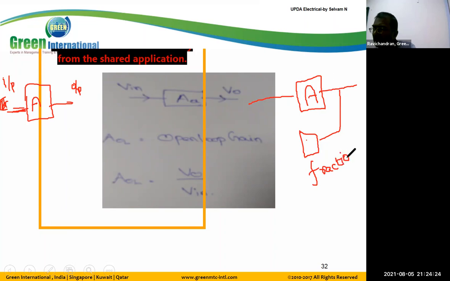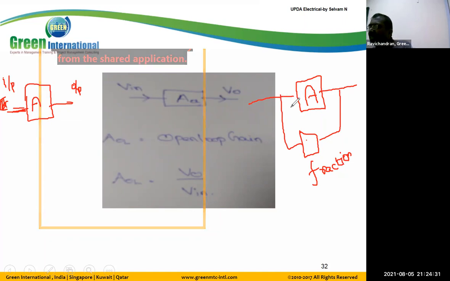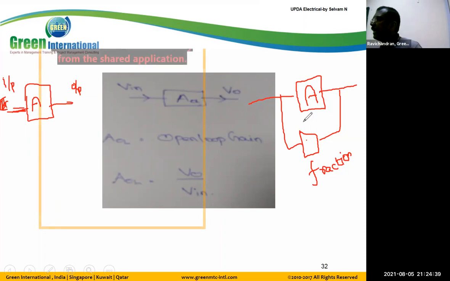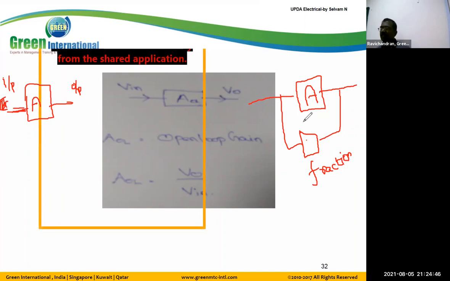So that time, we call this circuit a feedback amplifier, because we are taking a sample of the output and feeding it to the input. I use the word sample, so that's why we use the fraction.